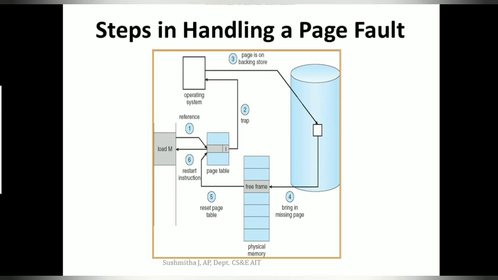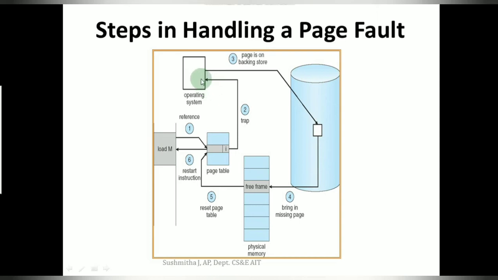Now having said about the page fault, let us see how the page fault works. Here is the illustration of the same with the step-by-step procedure. The first step is to check whether the memory address requested is valid or invalid. When it sees that it is invalid, it raises a trap to the operating system.